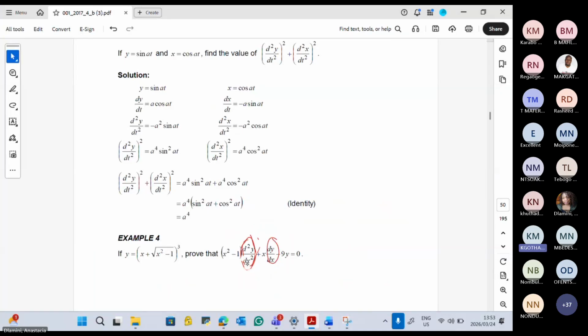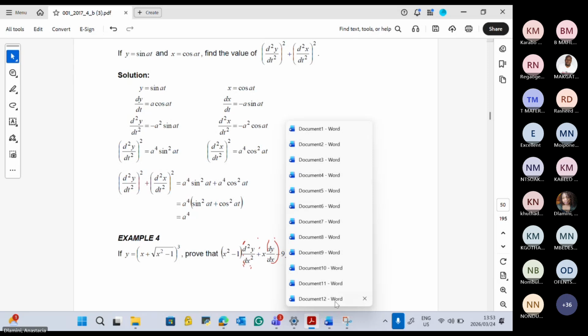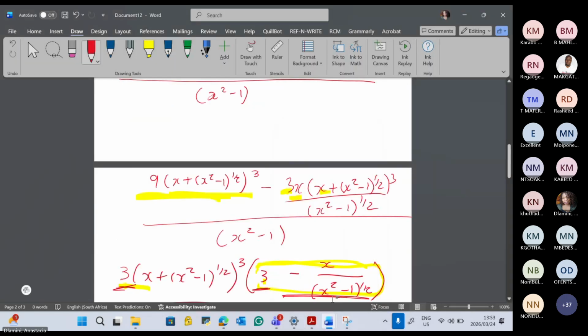Hey, we're almost there, comrades. Ma'am, don't get lost in your calculations. No, I feel like I'm lost, but let me see. 1 minus x squared. I feel like I've made an error somewhere. Yeah, because everything we've done now is mathematically correct.